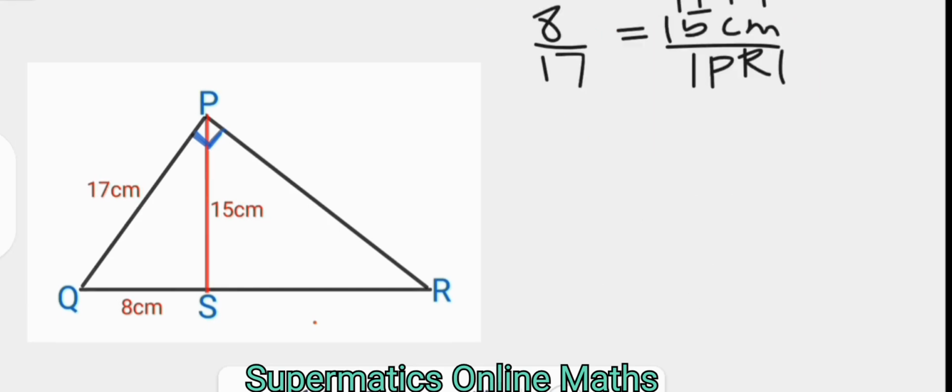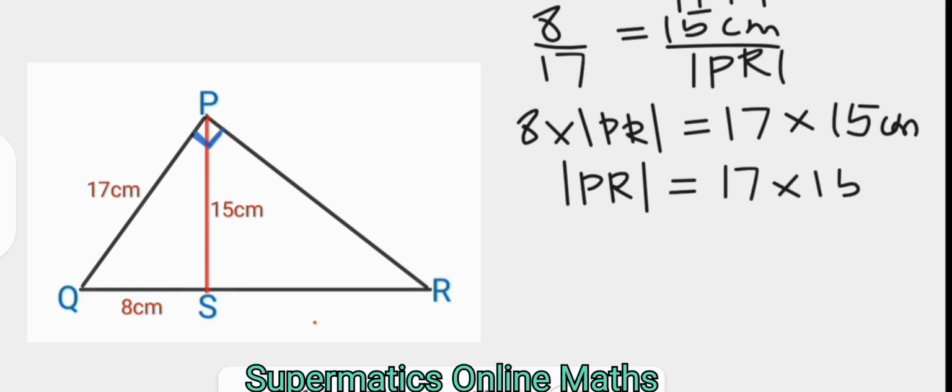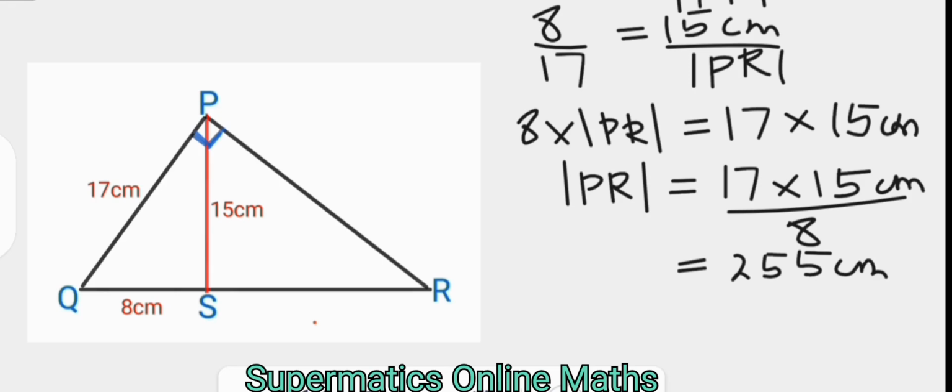And from there, applying the cross product property, we have the product of 8 and the side PR will give 17 times 15 centimeters. And dividing across the two sides by 8, we have the side PR to be equal to the product of 17 and 15 centimeters divided by 8, which is 255 centimeters divided by 8.